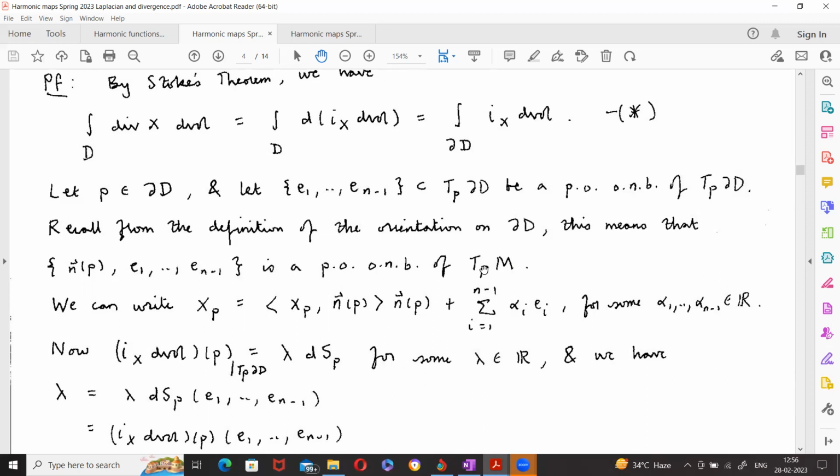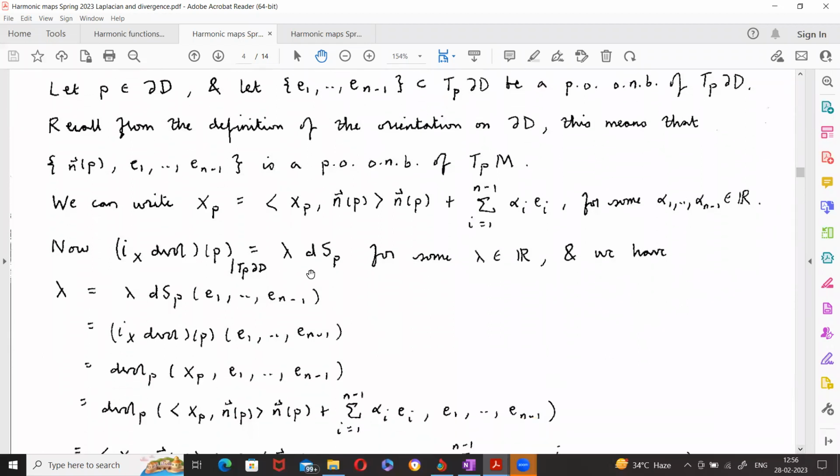Okay. This is how the induced orientation on boundary D was defined. Okay. So now X I can write in terms of this orthonormal basis as X inner product N into N plus some linear combination alpha I EI, I goes from 1 to n minus 1.